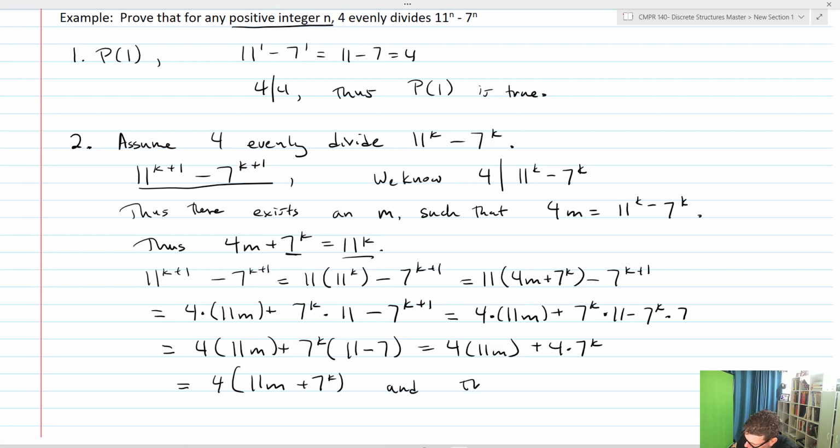And thus, 11 to the k plus 1 minus 7 to the k plus 1 is divisible by 4.